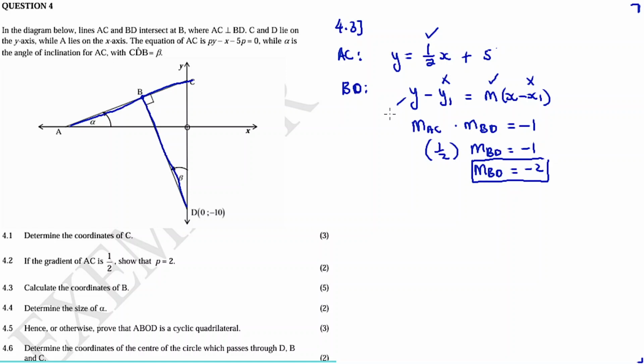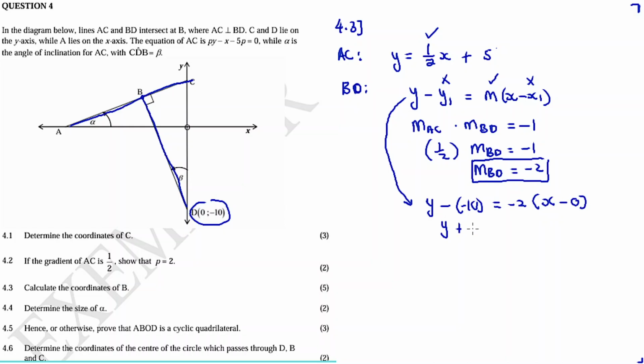Now we are going back to this equation. We say y minus y1, so substitute the coordinate for D. y1 is -10, equal to the gradient -2, times x minus x1, which is 0.